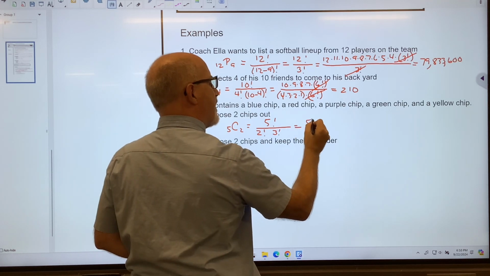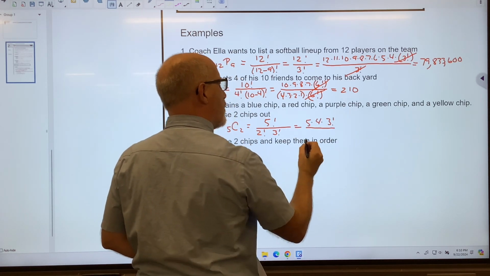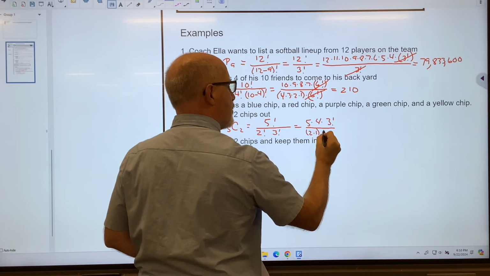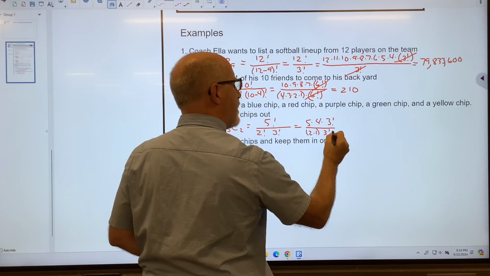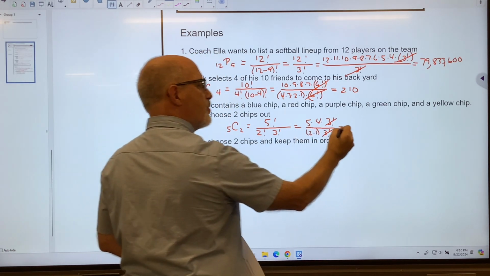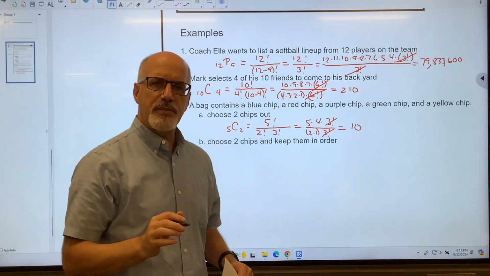So I'm going to do 5 times 4 times 3 factorial, all over 2 times 1, which is just 2, times 3 factorial. The 3 factorials cancel. 20 over 2 gives me 10 ways that I can pick 2 chips out.